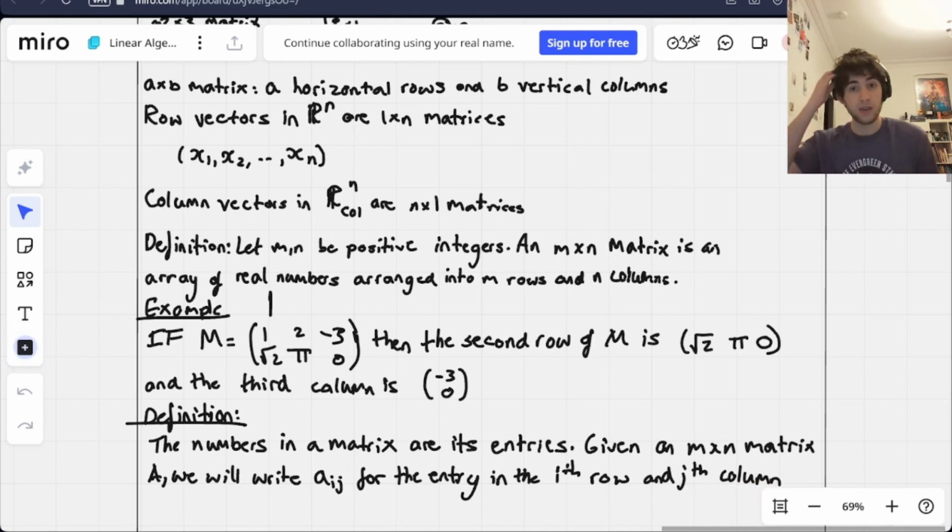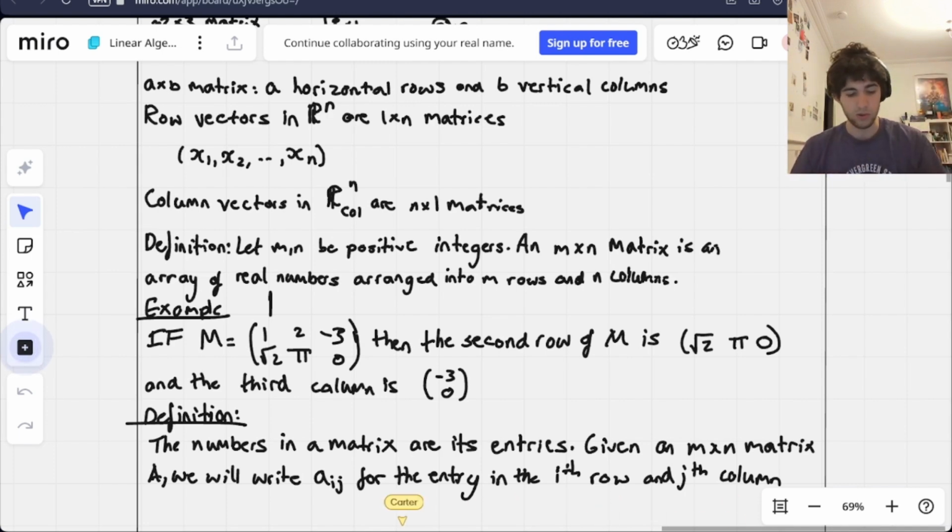And that will definitely give us a unique entry, because our matrices are basically just two-dimensional arrays. They're just going to have rows and columns, so each entry within our matrix is going to be allocated to some row and some column, right? And that's going to be unique, right?